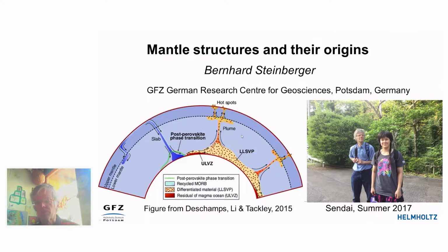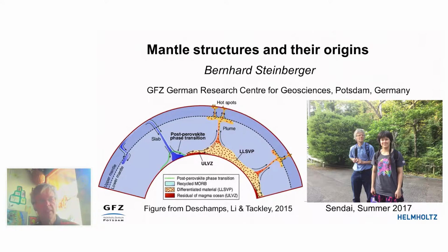So, structure in the mantle. What we know for sure about the mantle is that it is convecting, because that's basically the only way the Earth can get rid of its heat in a reasonable way.